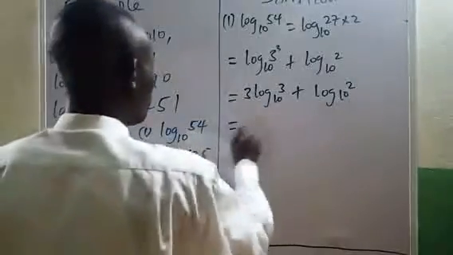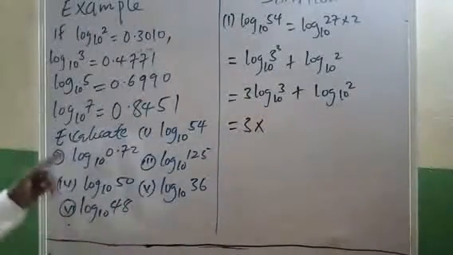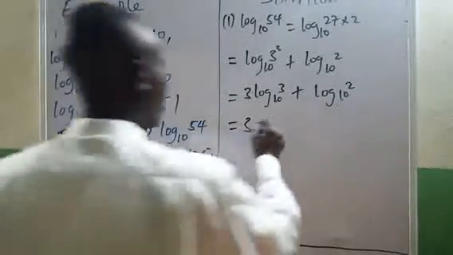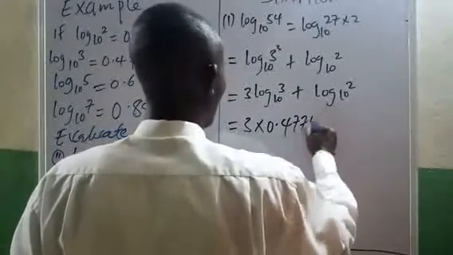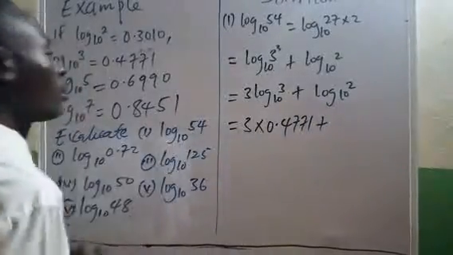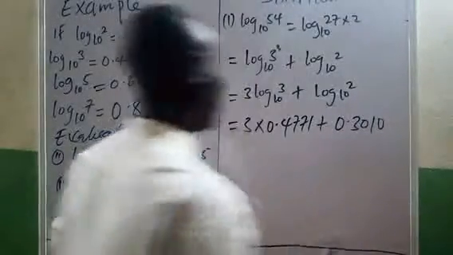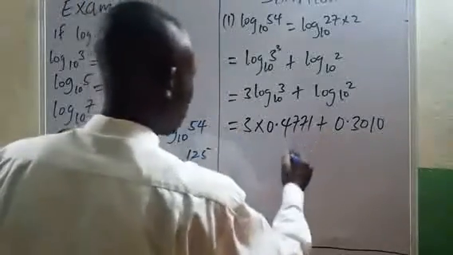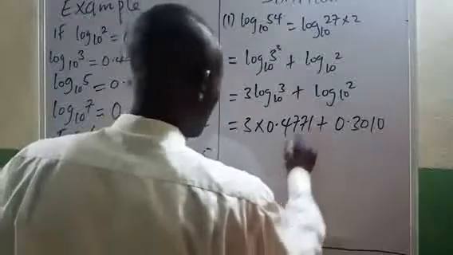So if we substitute the value, we have 3 times log 3 base 10, which is the same thing as 0.4771, plus 0.3010. So we multiply this. 3 times 1 is 3. 3 times 7 is 21.